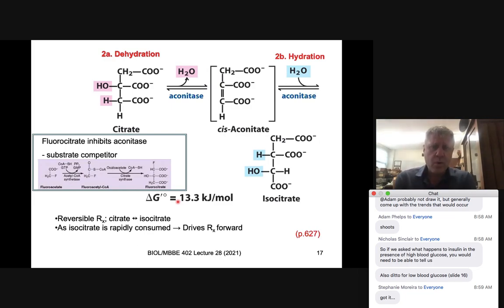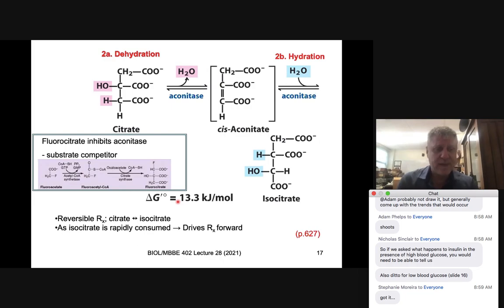Now, we know this happens because in the dehydration-hydration reaction, we can actually use a fluorocitrate constituent. Now, fluoride moieties are very well known to stabilize enzyme complexes, so they become substrate inhibitors. So they become competitive substrate inhibitors specifically.